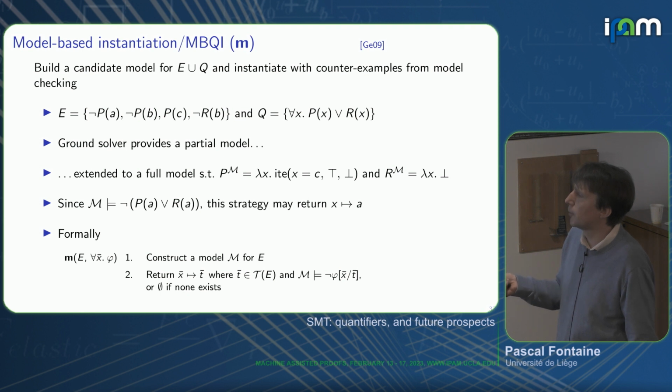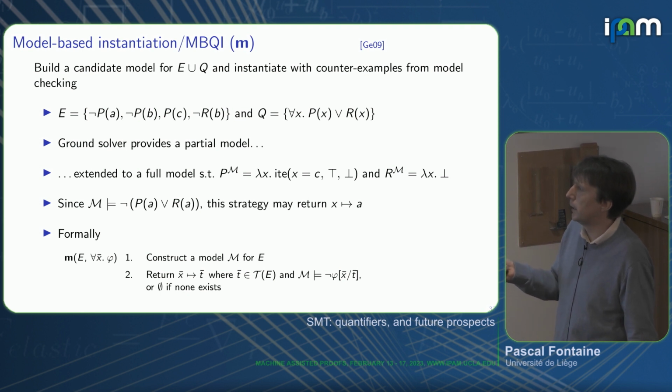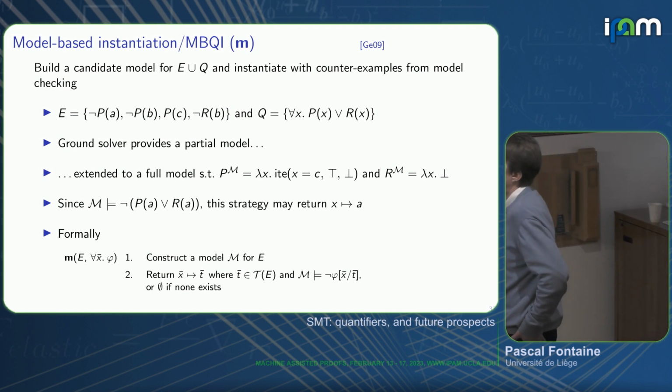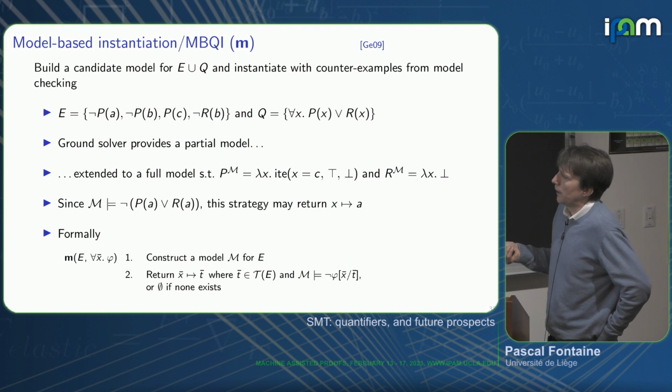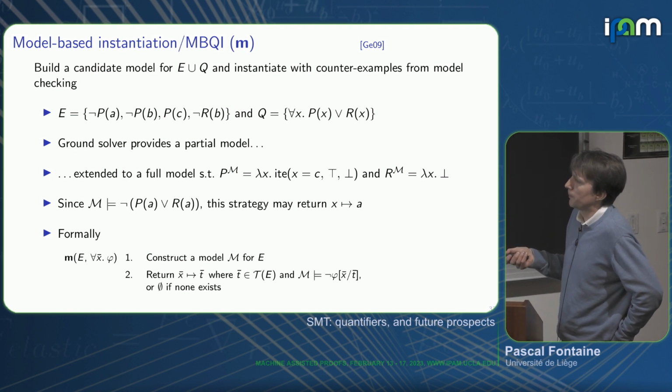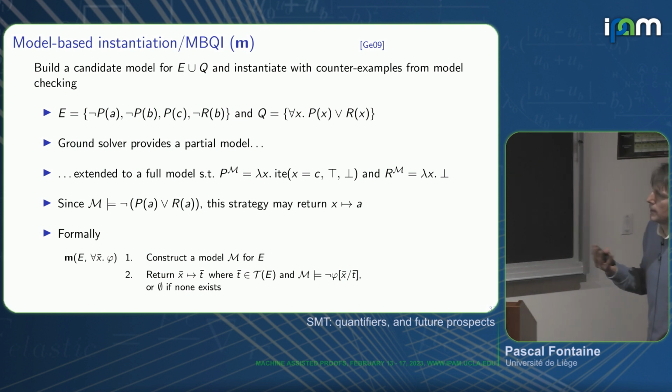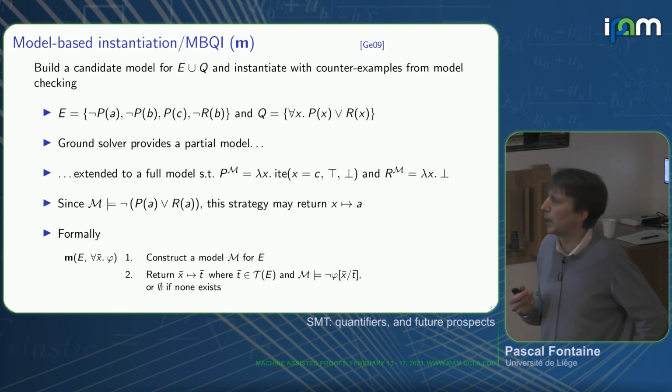And then you check this model against the quantified formula, and you quickly see that in the case of x equal a, this is not made true by my model. So this is contradicted by my model.